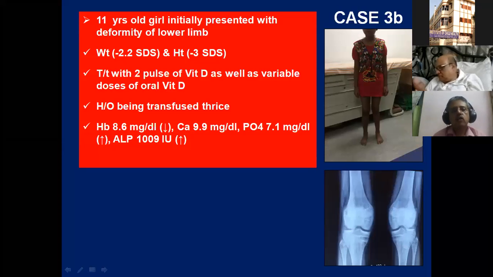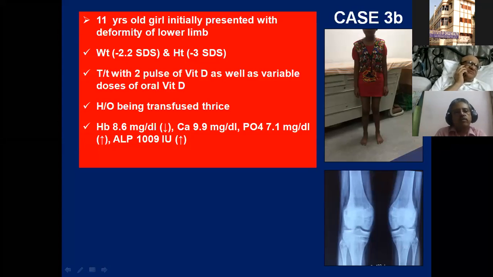This was a child who came in again with rickets as a feature, again been given a number of doses of vitamin D, but you can see here that the child has been transfused thrice. And I'll just tell you one report from this, and I'm sure most of you will be getting the diagnosis, particularly those from ICH.